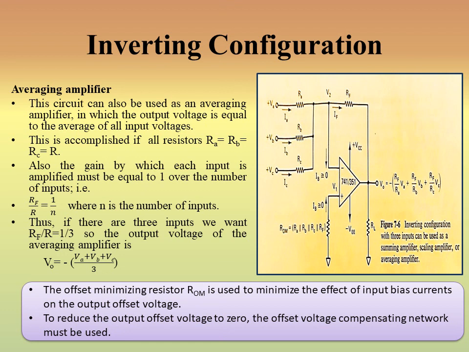So basically this is used to improve the working efficiency of the operational amplifier. Also, this resistor is used, but the offset voltage compensating network should also be used. This is an additional protection for better performance of the operational amplifier.